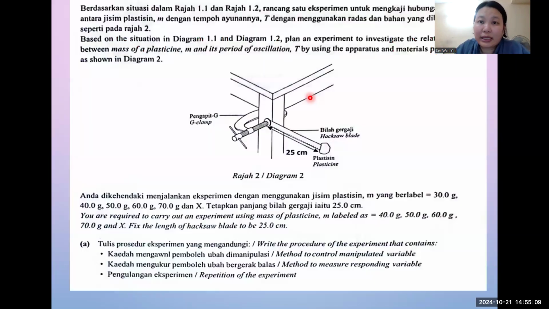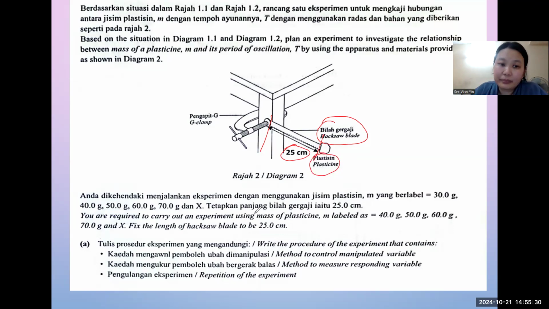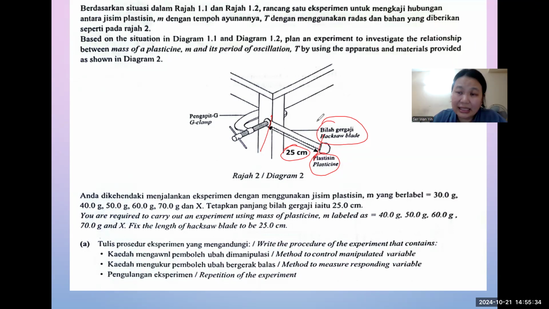All right, now, for example, this kind of experiment you did before: you clamp the hacksaw blade, you fix your hacksaw blade at 25 cm and don't change it, then you put on your plasticine. Now this is unguided. They will tell you what to do first.